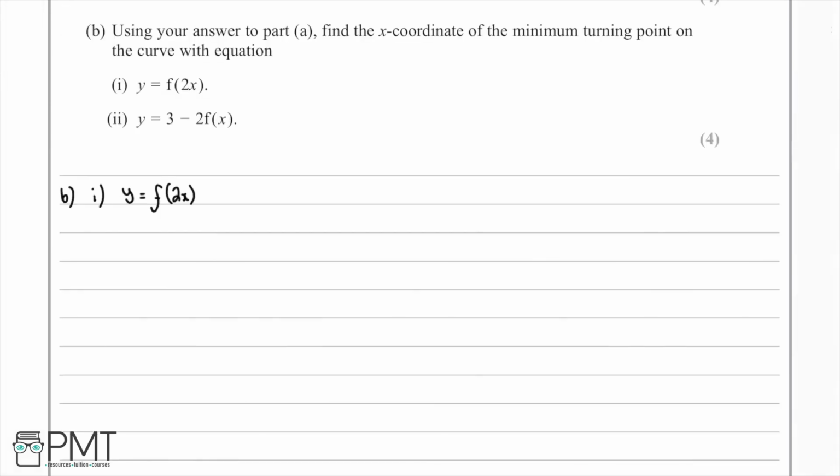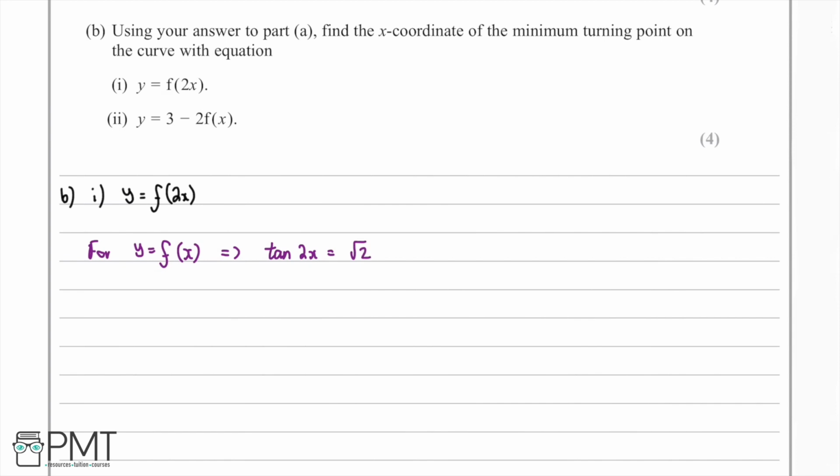So now moving on to part B of this question, we're asked to use our answer from part A to find the x-coordinates of the minimum turning point of the curve with the equation. Initially we'll do it for y is equal to f of 2x. So when we had that y was equal to f of x, we had that tan 2x was equal to root 2.